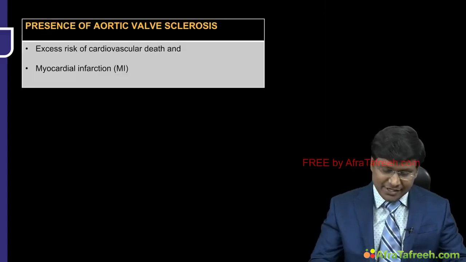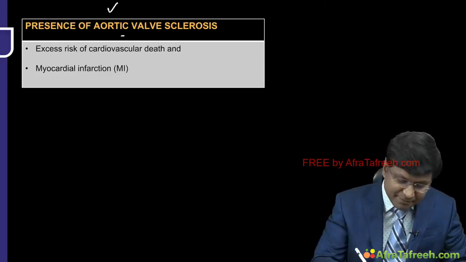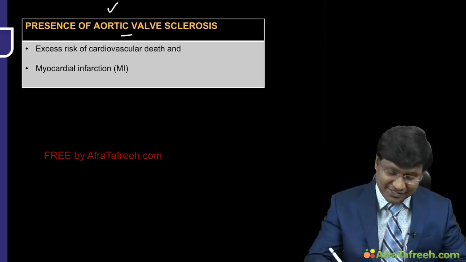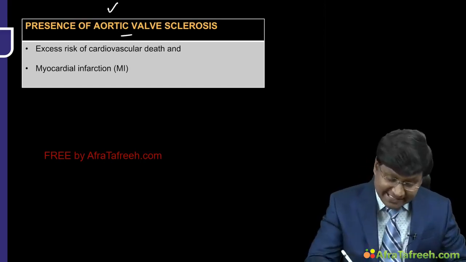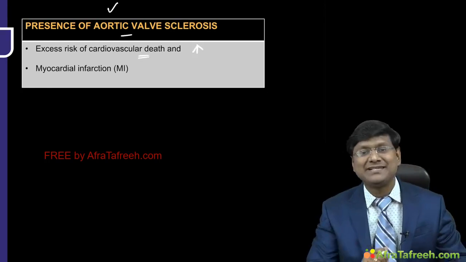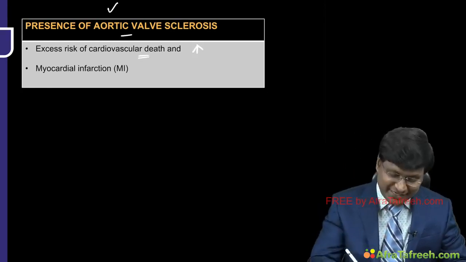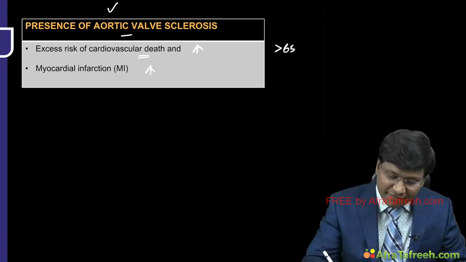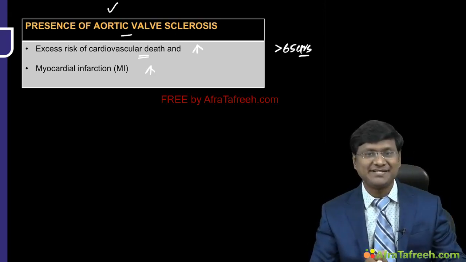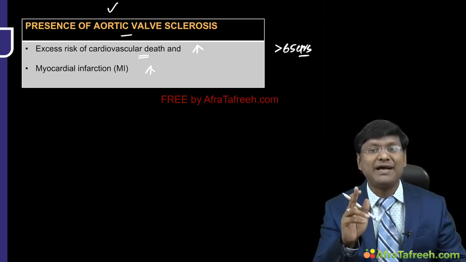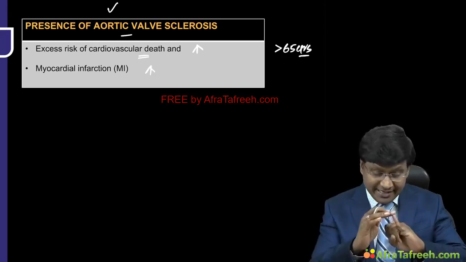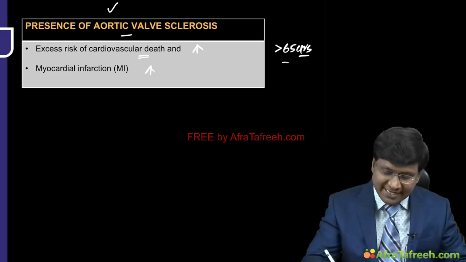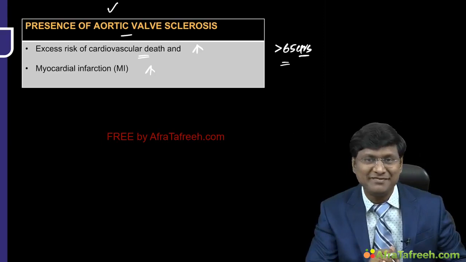Then you need to understand that the presence of aortic valve sclerosis is associated with increased risk of cardiovascular death and increased risk of myocardial infarction in individuals of age more than 65 years.